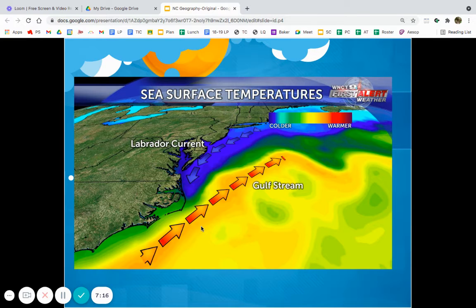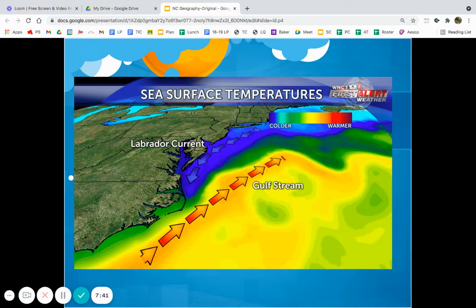Now, let's look at why it's so dangerous in this area. Why did so many ships sink? Well, this is the coast of North Carolina again. And the Gulf of Mexico is located right down below. If you think about where Texas is at, the Gulf of Mexico is right south of Texas, and the water there is pretty warm.